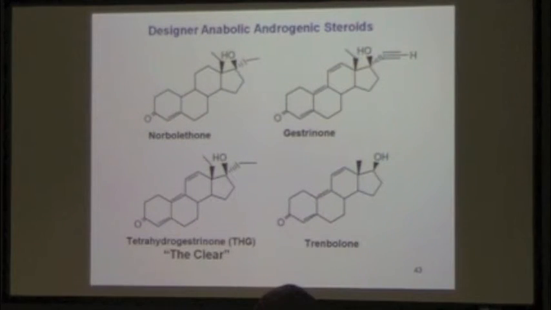Designer drugs, designer steroids. These are the structures of four of them. These are steroids that can be produced in the lab. They were reported in the literature by somebody. And somebody who had good chemical techniques, maybe somebody who flunked out of graduate school or something from chemistry, said, hey, I can go in the lab and make this stuff.